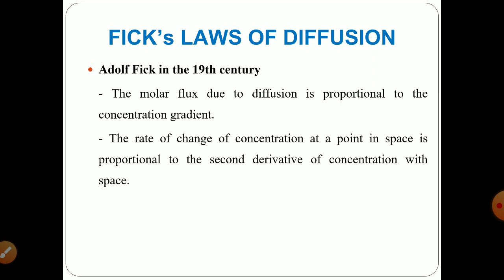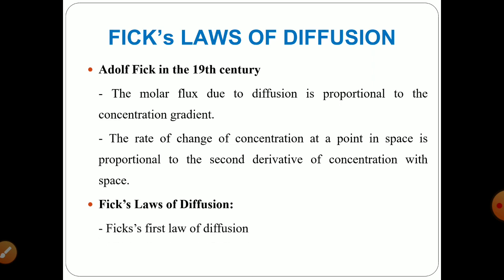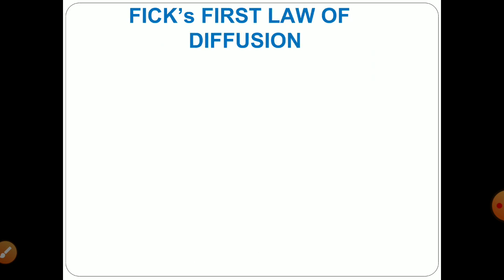You need to focus on the change in concentration, on the membrane potential, and you need to consider the time duration of the process. There are two laws of diffusion given by Fick, known as Fick's first law of diffusion and Fick's second law of diffusion. Now we will move toward both the laws one by one.